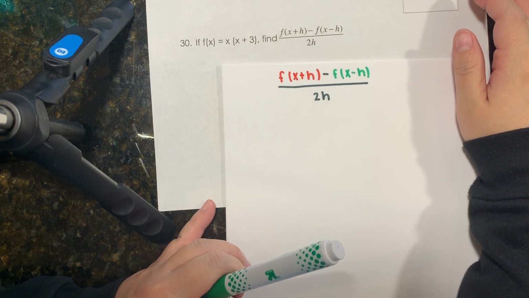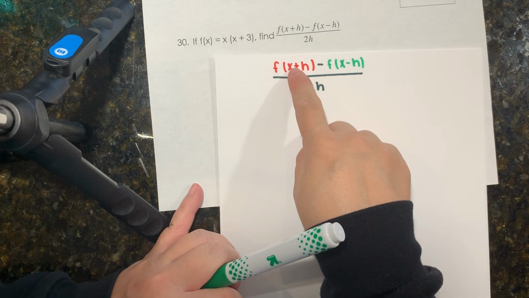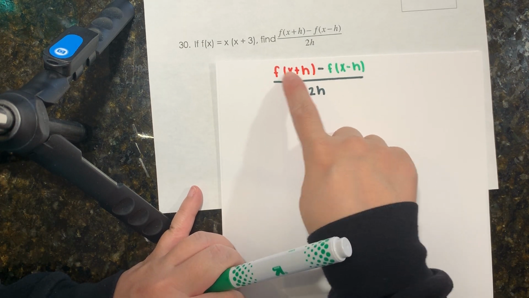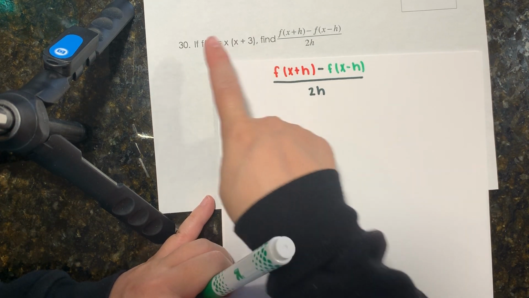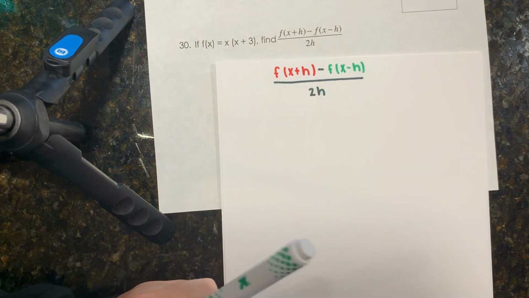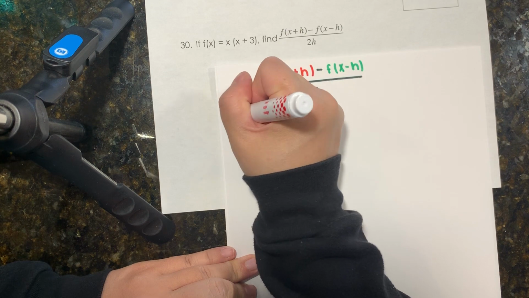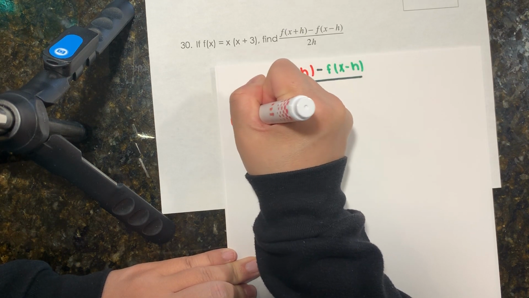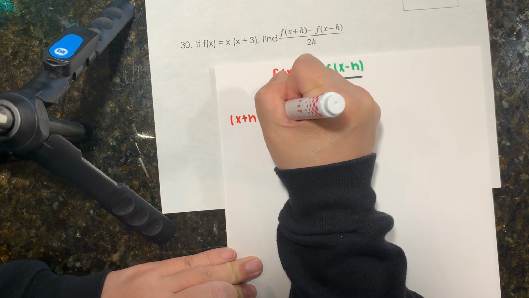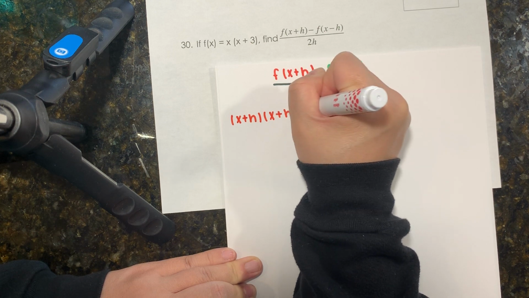So now I'm going to start with plugging in this x plus h into the f function, meaning that you're going to replace all the x's with x plus h. That means that I would end up with, for my red function, x plus h times x plus h plus 3.